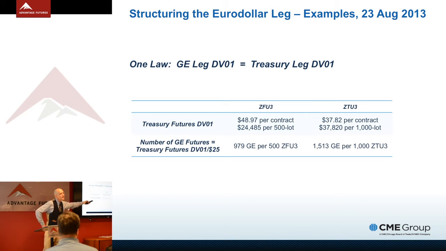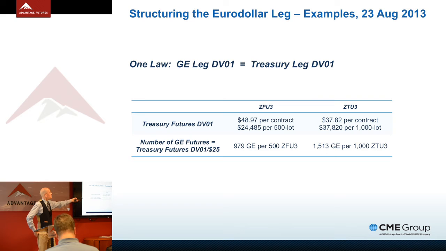The DV01 then is going to be $24,485 on the Treasury leg of your 5-year TED. So what's the size of your euro-dollar leg going to be? Whatever euro-dollar contract or combination you choose, it's going to have to add up to 979. Why? Because what's the DV01 of a euro-dollar future? $25. So that's nothing more than what you get if you divide 25 into 24,485.